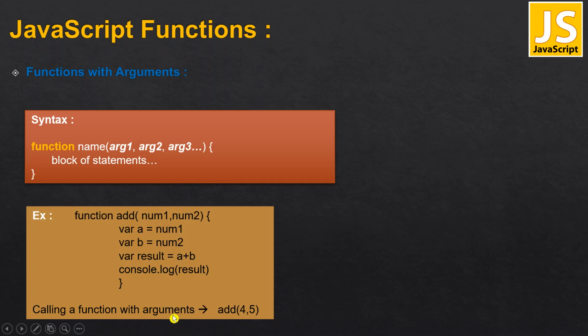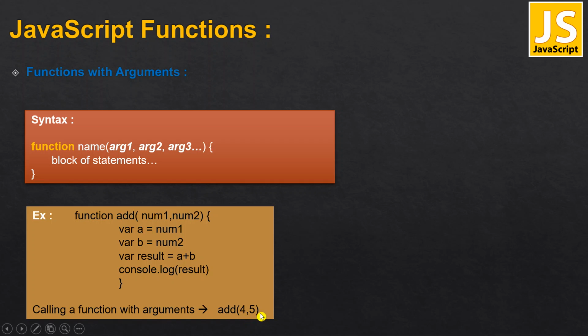If you want to call a function which is defined with arguments, then you need to call add 4 and 5. This 4 and 5, the user will give as he likes. So if he wants to add 4 and 5, then he needs to give 4 comma 5.